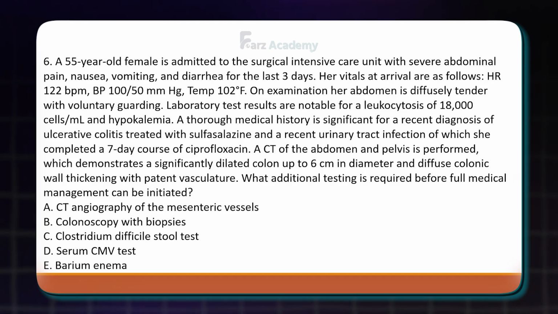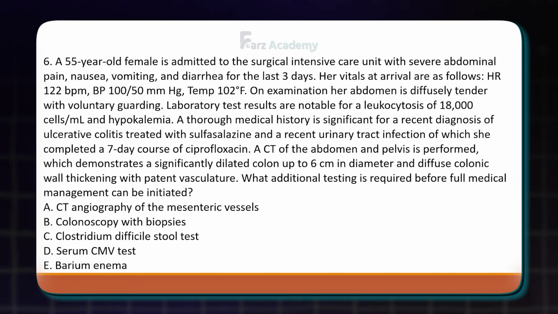The thorough medical history is significant for a recent diagnosis of ulcerative colitis treated with sulfasalazine and a recent UTI for which she completed a 7 day course of ciprofloxacin. CT abdomen and pelvis demonstrates a significantly dilated colon up to 6 centimeters with diffuse colonic wall thickening with patent vasculature. What additional testing is required before full medical management can be initiated?